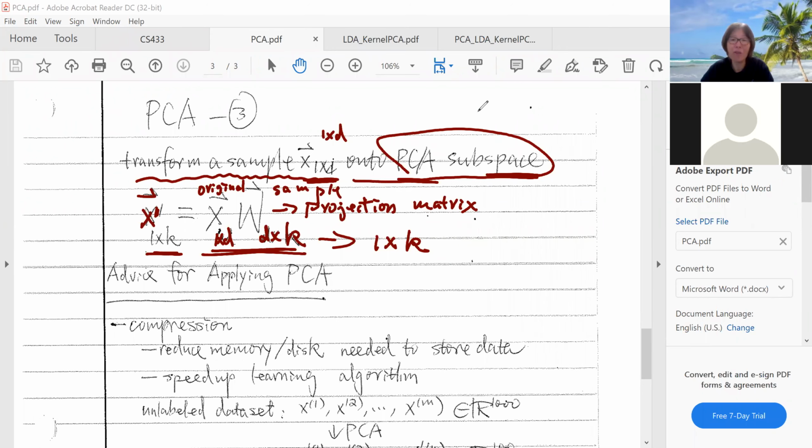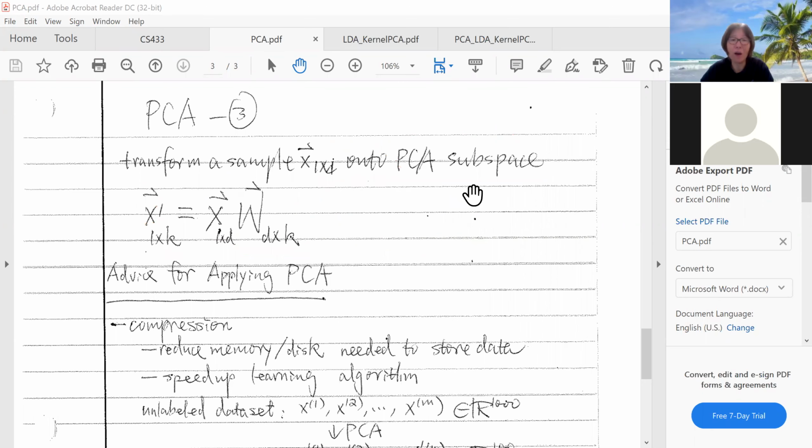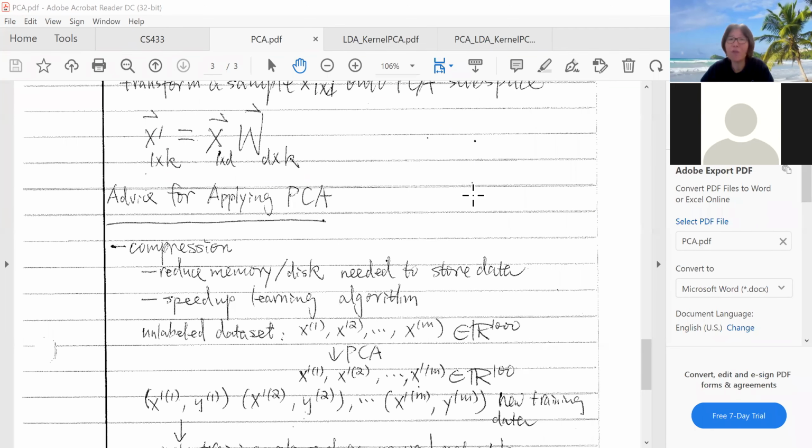Okay, so that's regarding how we then project from high dimension to low dimension.